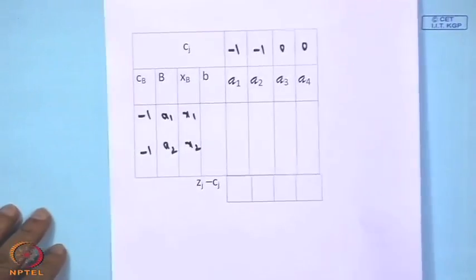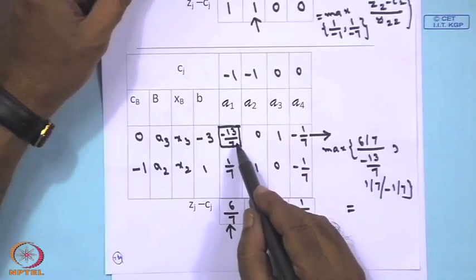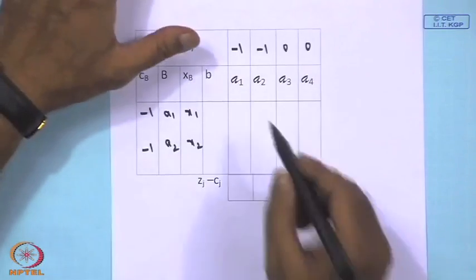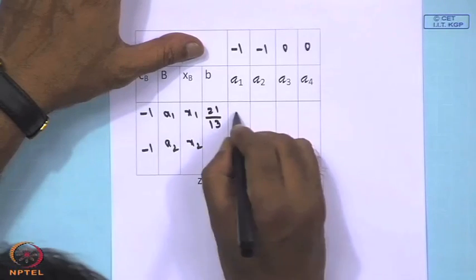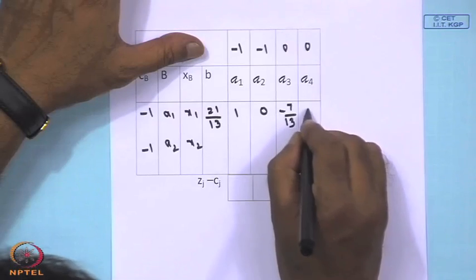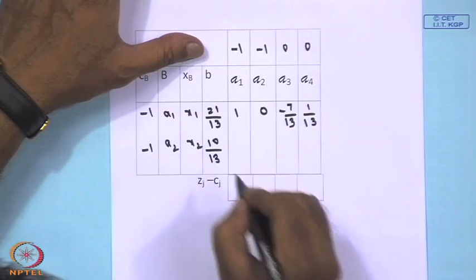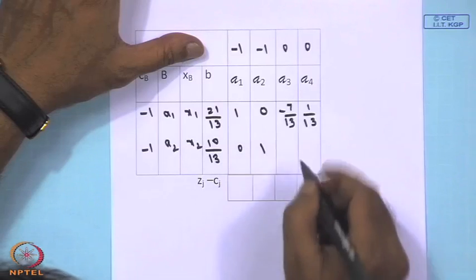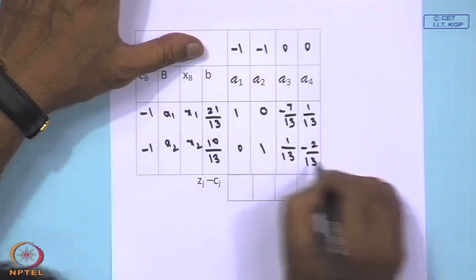Once you get this, again as I told you, I have to make this 1 and this 0. After the computations, the values will be 1, 0, minus 7 by 13 and 1 by 13. Here it is 10 by 13, 0, 1, 1 by 13 and minus 2 by 13.